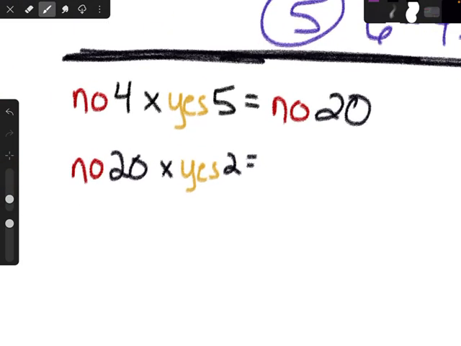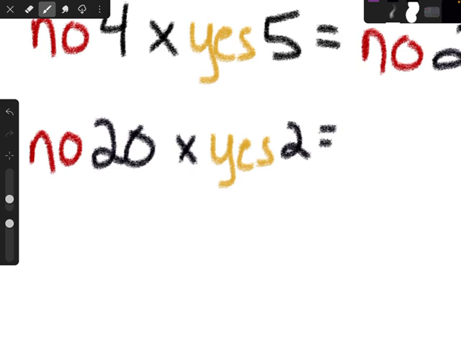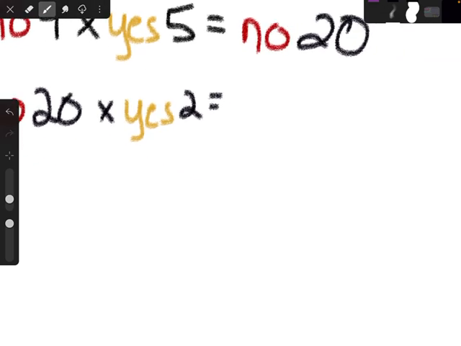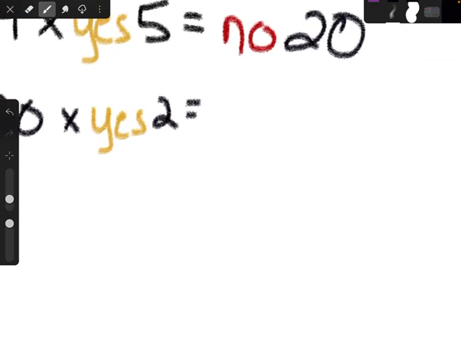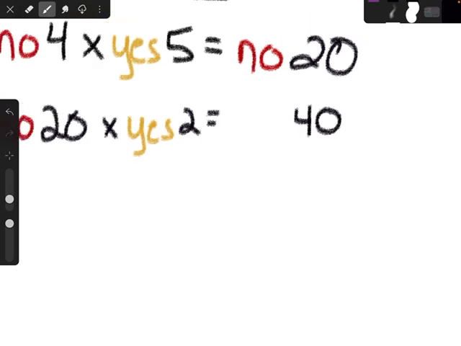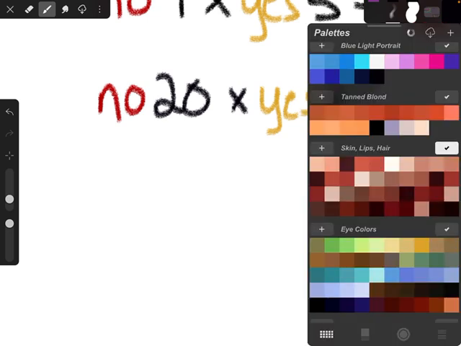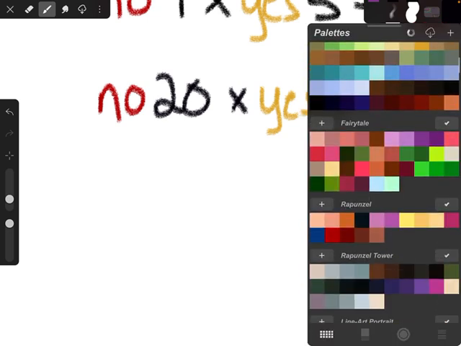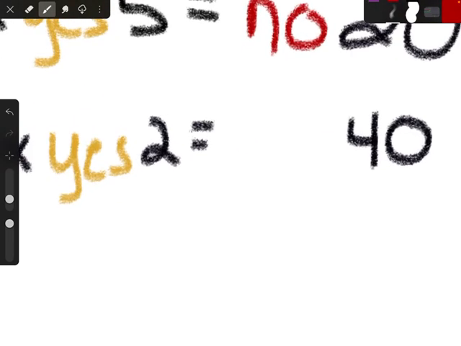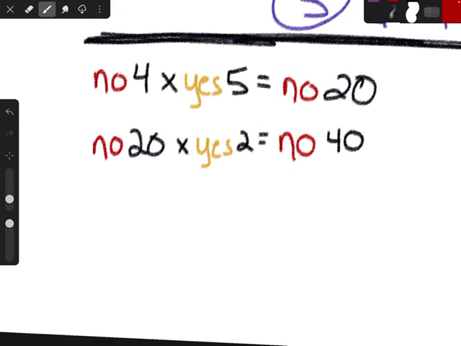So 20 times 2 is what? 2 times 2 is what? And just add on the 0. All right. So a negative times a positive is what? A no times a yes is what? Well, the conflicting messages. So it's a no. We do not like different conflicting messages, all right?